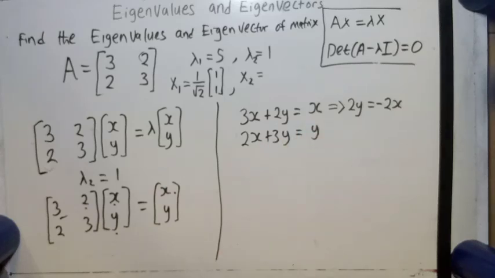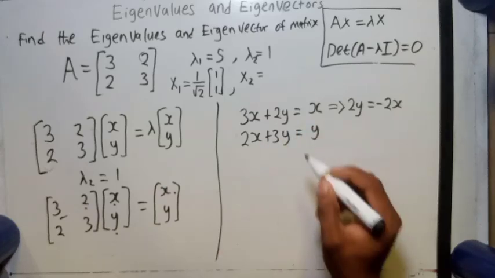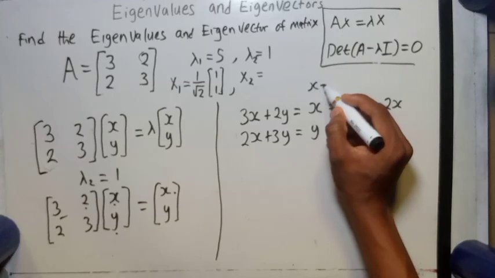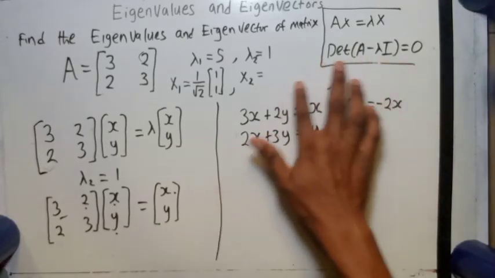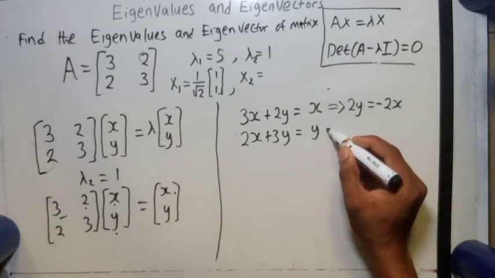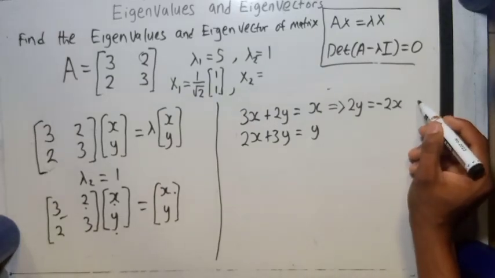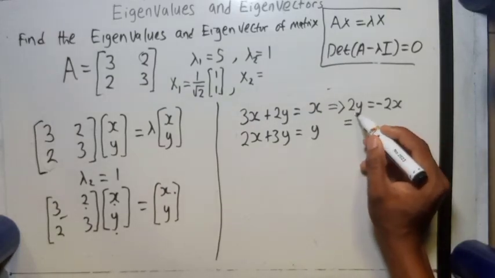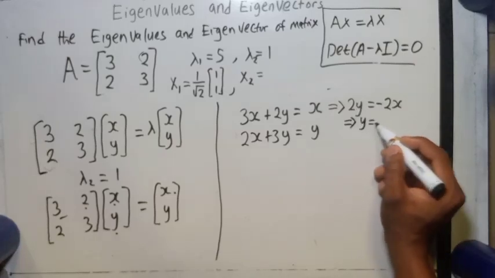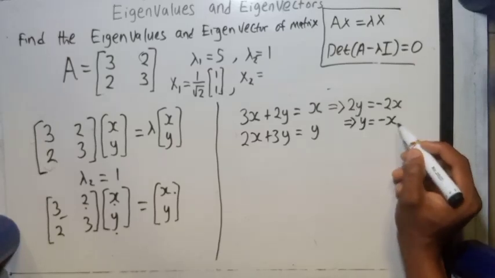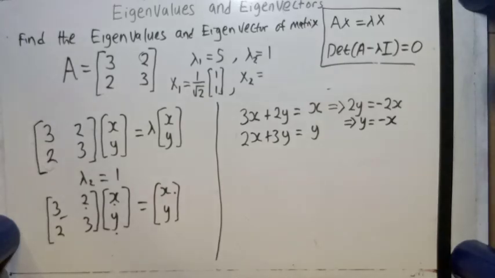We have 1 minus 3, which is minus 2. When this crosses over, you have x minus 3x, which gives us this. To further simplify, y is equal to minus x from this first one.